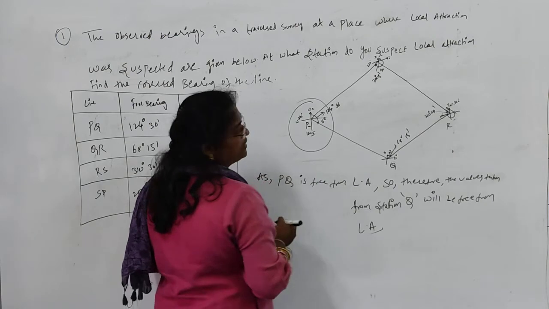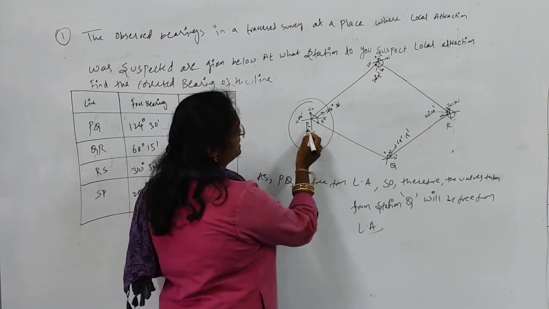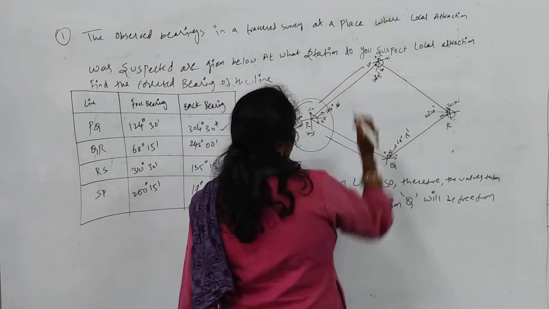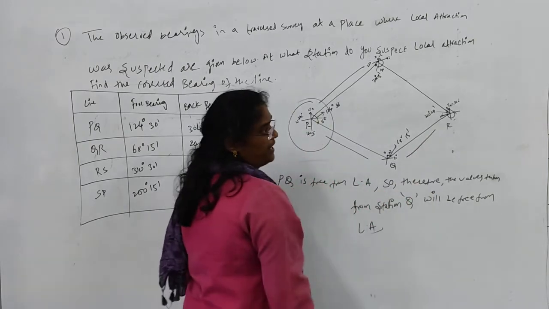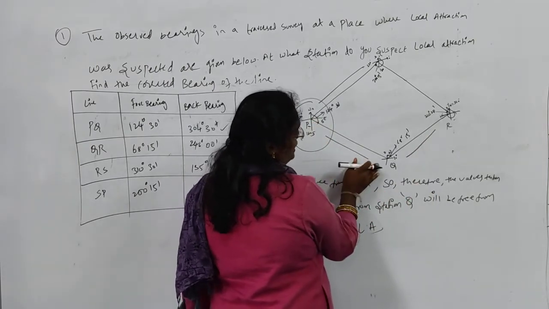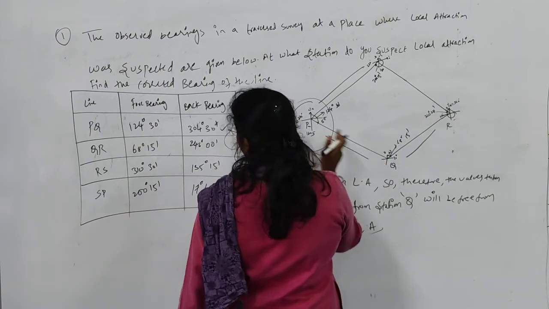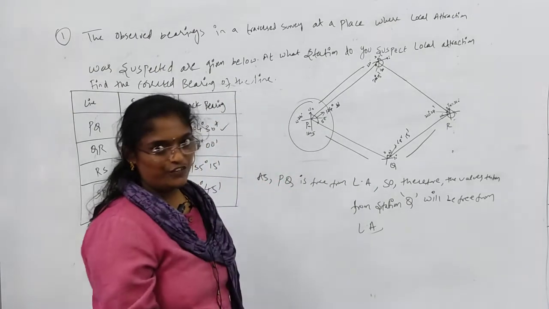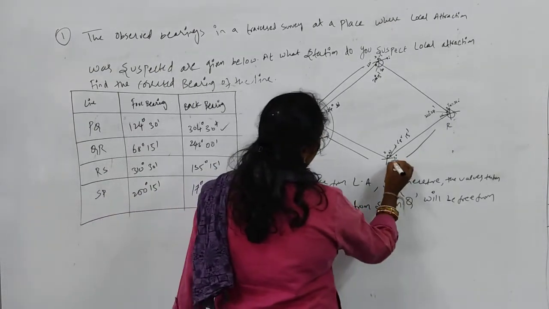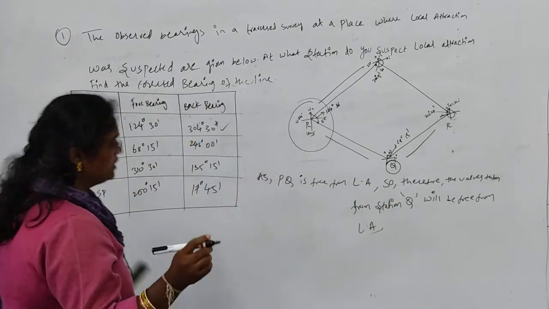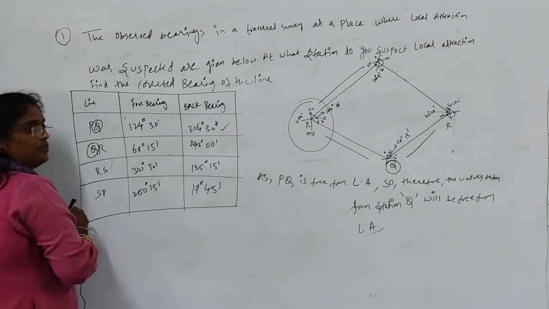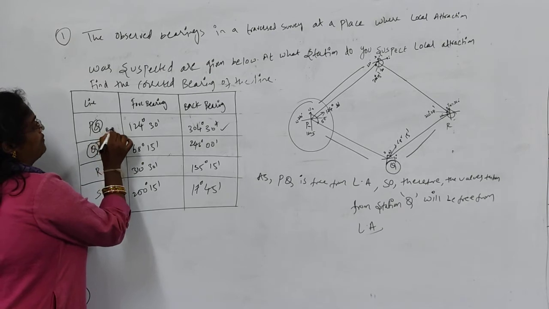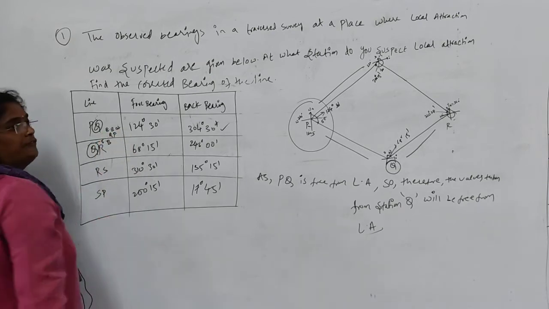Whichever points you are observing from this point, obviously they are all free from local attraction, because the forebearing of PQ and the back bearing of QP are free from local attraction. Here is your Q. So forebearing is free from local attraction and back bearing of QP is also free from local attraction.